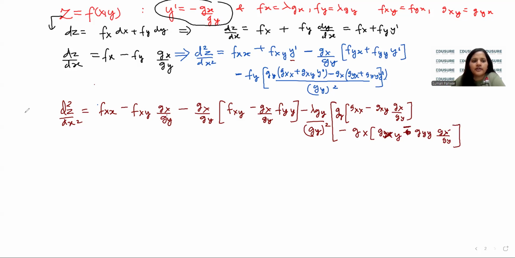So d2z by dx2 is f of xx. And then we have this thing. Let us again cross-check the calculations.